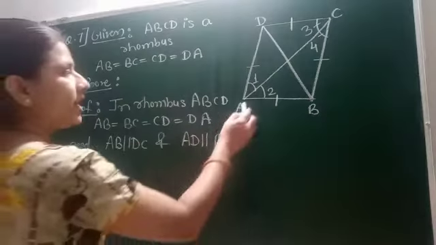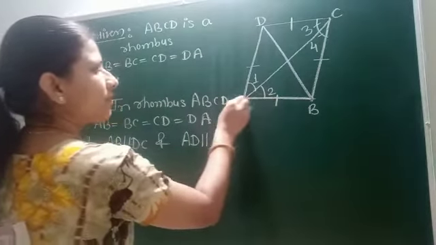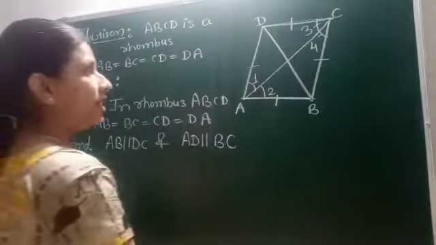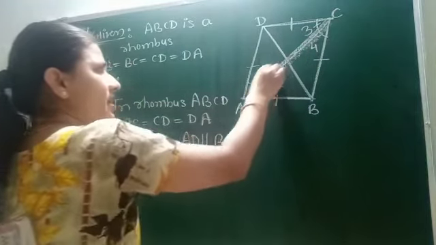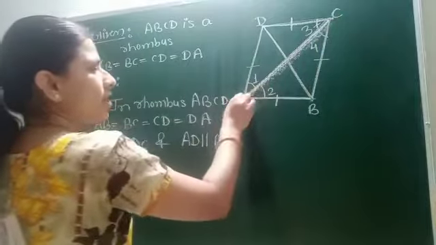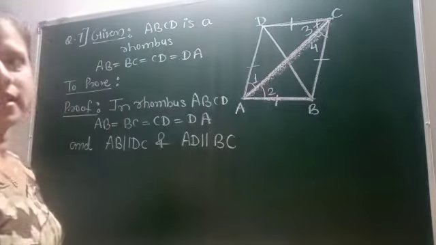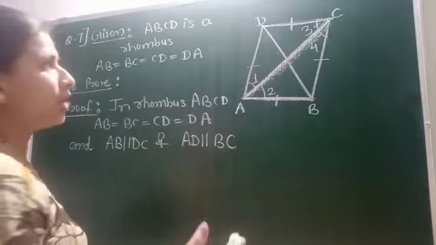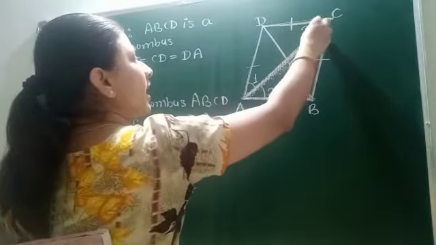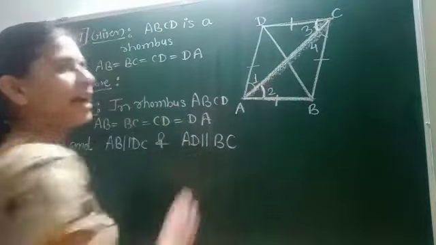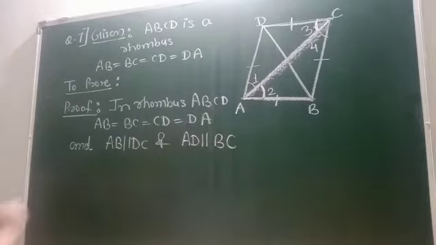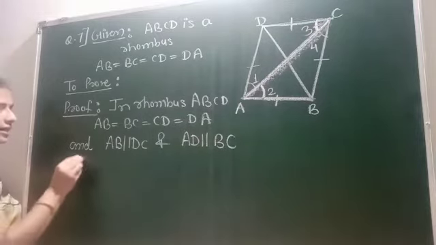Now student, look at this. Since it is given that AB is parallel to DC, and if we take AC as a transversal line, you can see which alphabet is forming here: Z. And we know if Z is forming, this angle 3 will equal this angle 2. Why? Because these are alternate interior angles. So how will we write this?